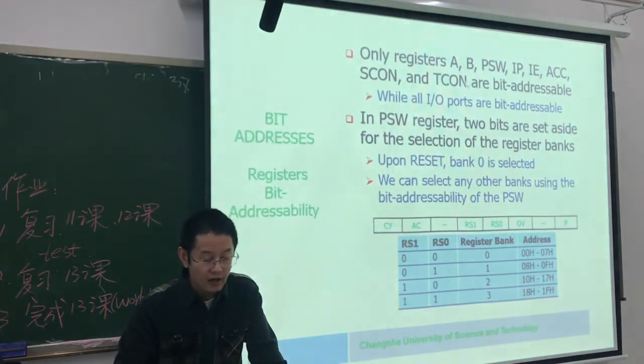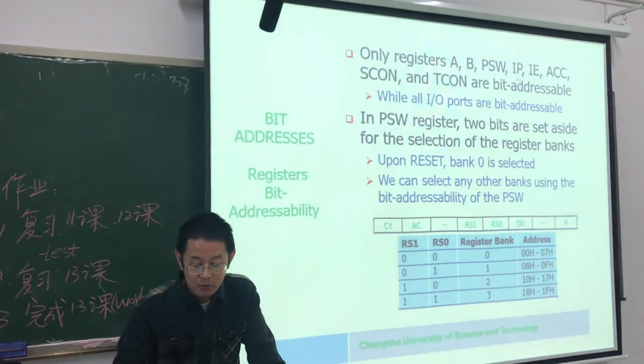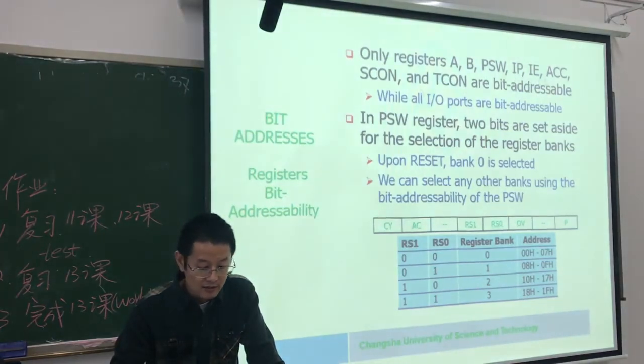Only registers A, B, PSW, IP, IE, ACC, SCON, and TCON are bit addressable, while all I/O ports are bit addressable. In the PSW register, 2 bits are set aside for the selection of the register banks.